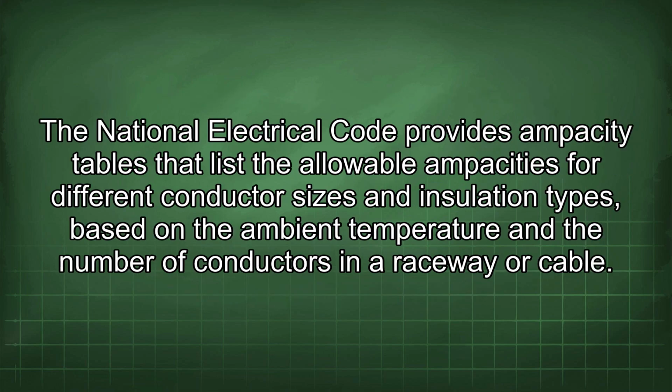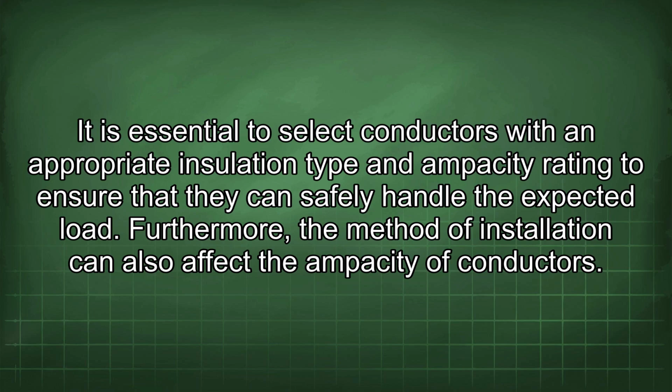The National Electrical Code provides ampacity tables that list the allowable ampacities for different conductor sizes and insulation types, based on the ambient temperature and the number of conductors in a raceway or cable. It is essential to select conductors with an appropriate insulation type and ampacity rating to ensure that they can safely handle the expected load. Furthermore, the method of installation can also affect the ampacity of conductors.